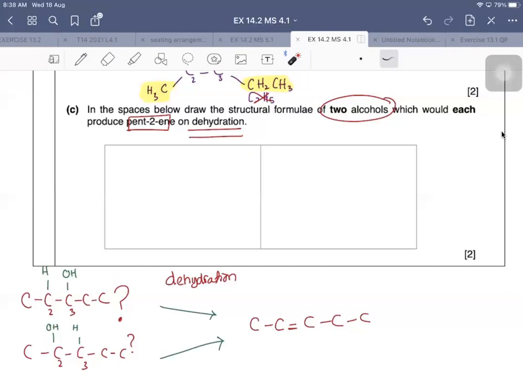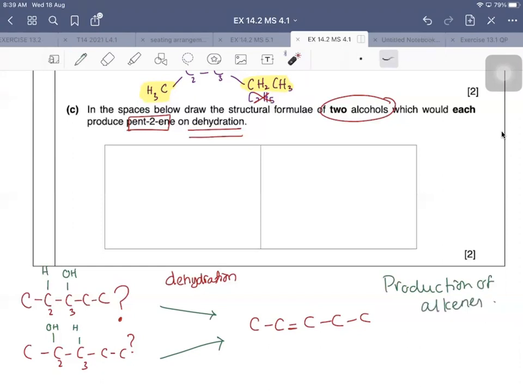If you want to look for this in your notes, it should be under production of alkenes, specifically under the dehydration of alcohol. I don't have my notes with me, so I don't know which page it is on.